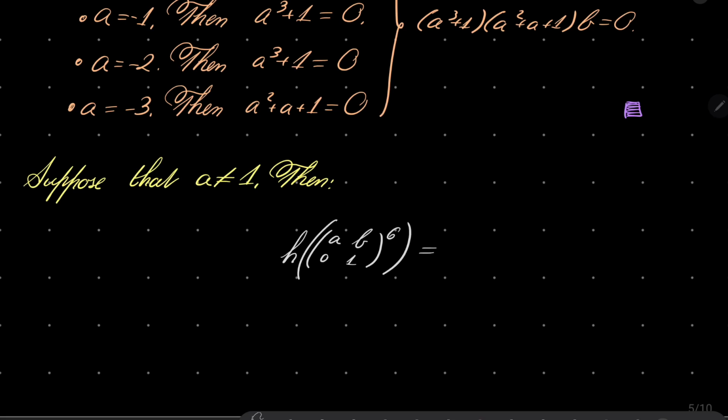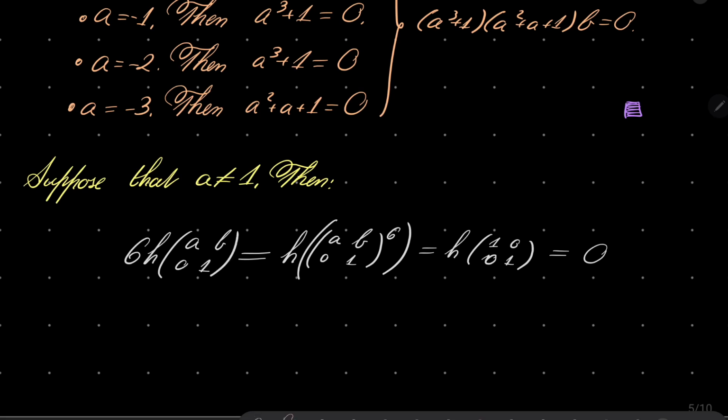On the one hand, it's just h of the identity matrix, and since this is the identity of our group, it should go to the identity of group Z7, which is 0. But since this is a homomorphism, it's 6 times h of [A, B; 0, 1].